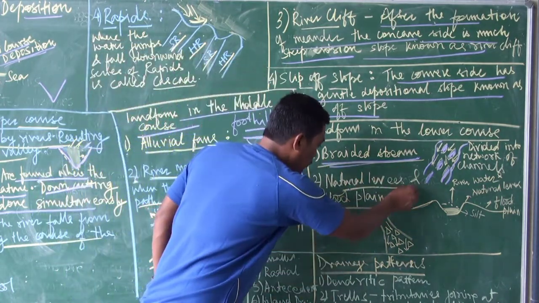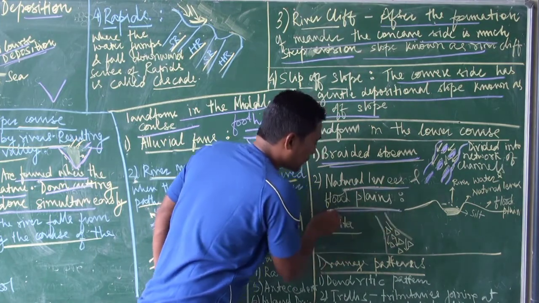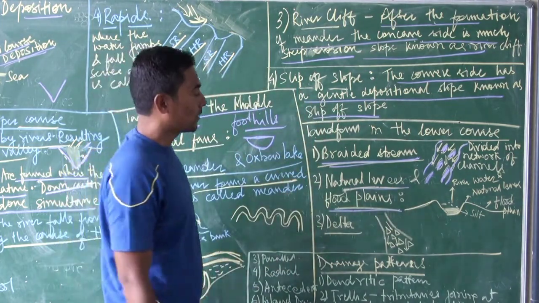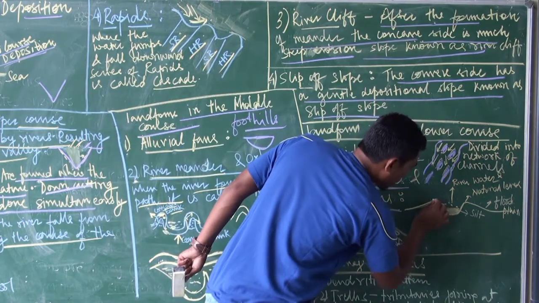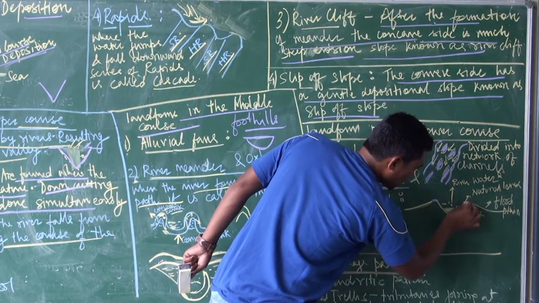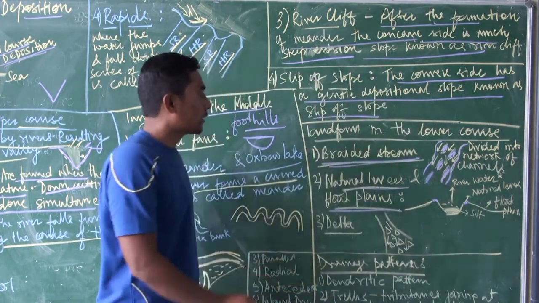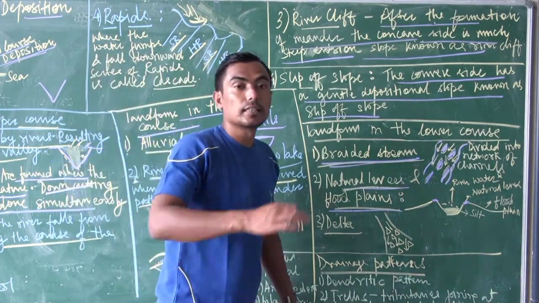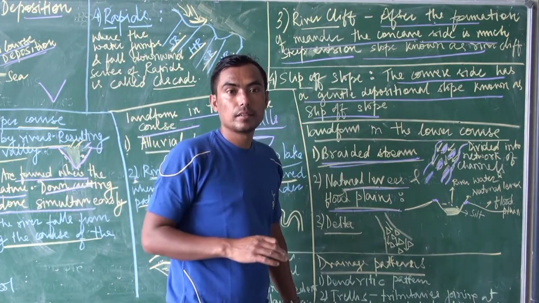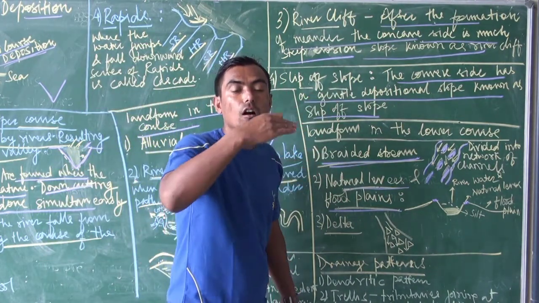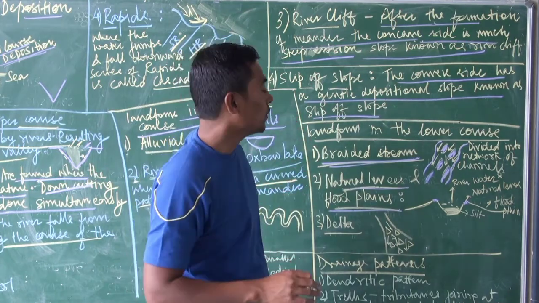Next, natural levees and floodplains. If you look here, I just made a small sketch. Natural levees means the higher elevation on the bank of the river.